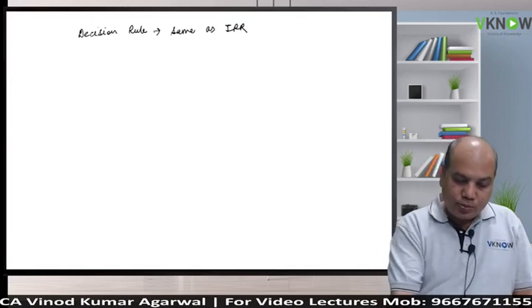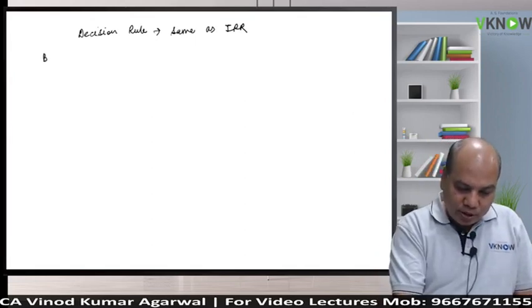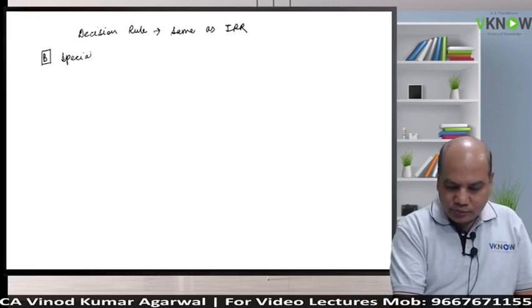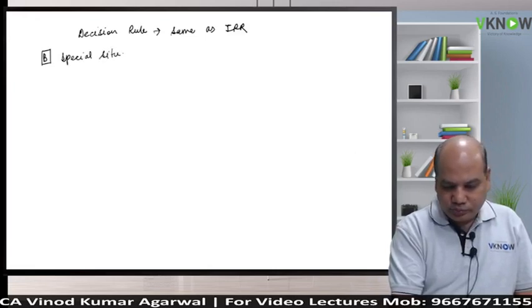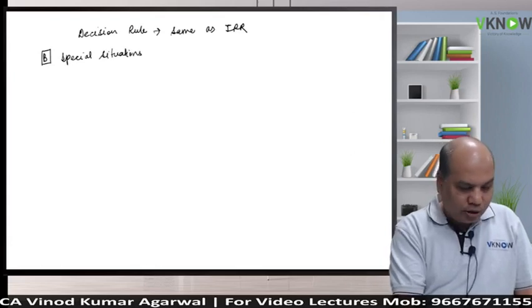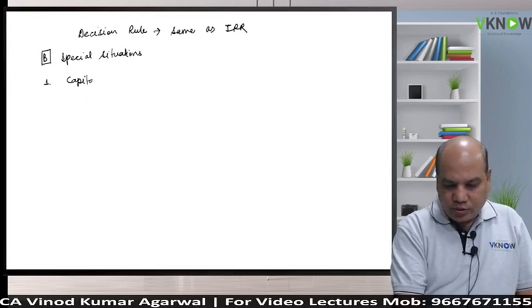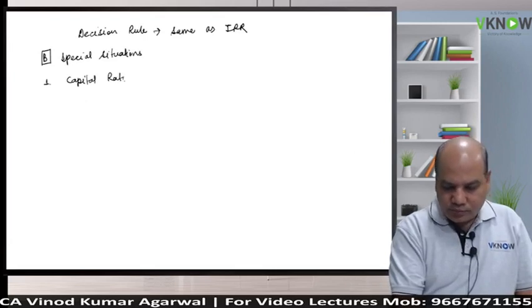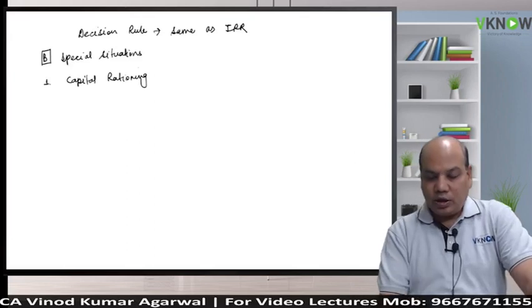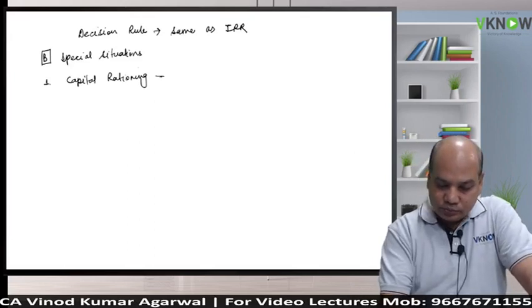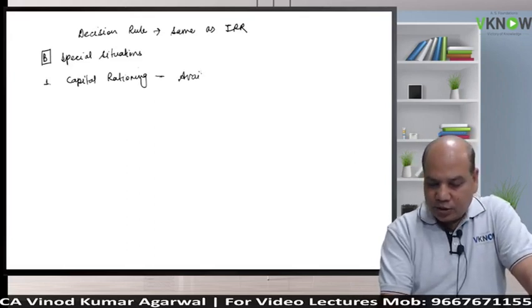Done up to this point. Now capital B, write down special situations. Special situation 1, capital rationing. What is capital rationing?